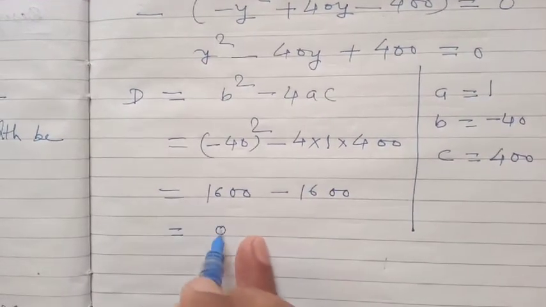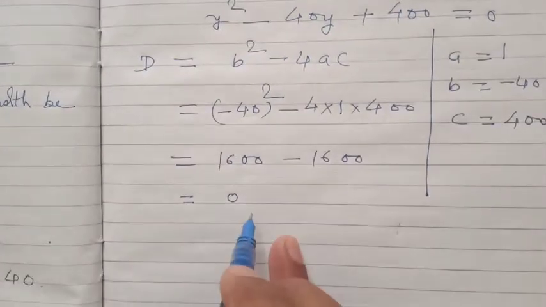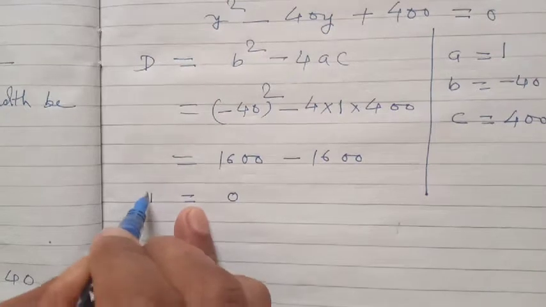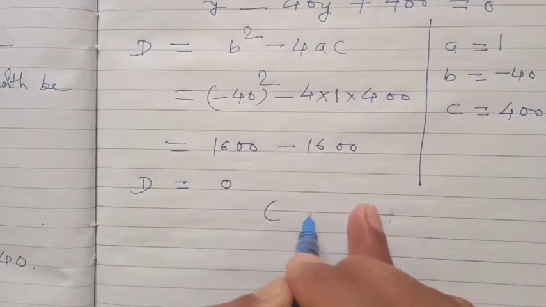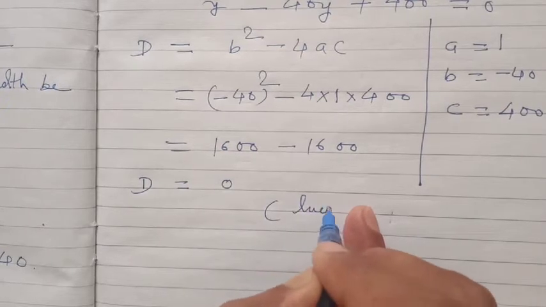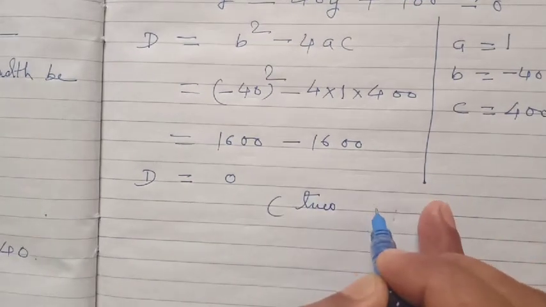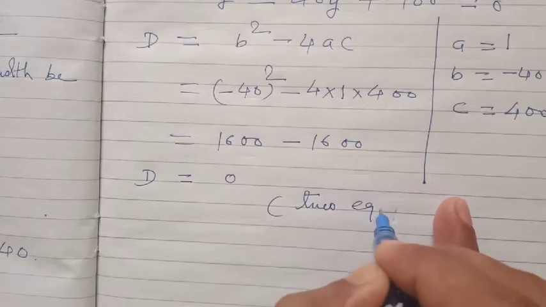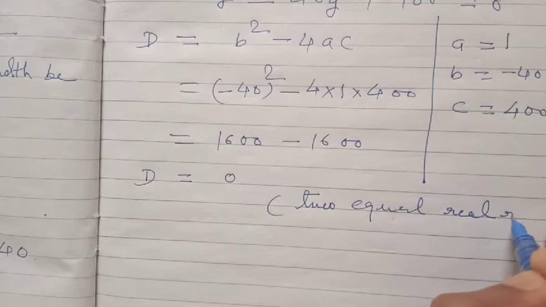What will be 1600 minus 1600? 0. It means the value of the discriminant is 0, and you can write here, in that case the quadratic equation has two equal real roots.